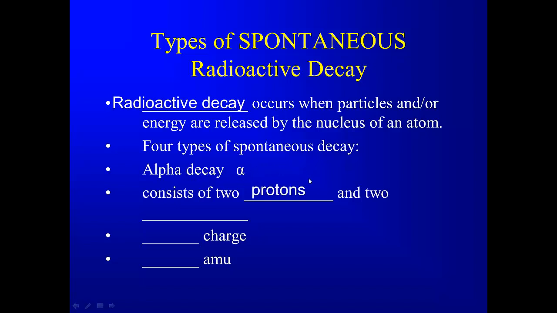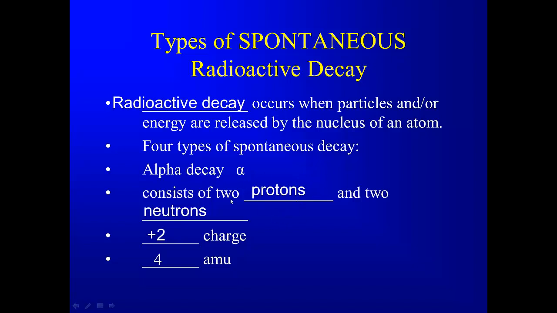An alpha consists of 2 protons and 2 neutrons. If I have 2 protons, these are both positive, so it's a positive 2 charge. And what's its mass? This is 2, this is 2. Its mass is 4 AMUs. This alpha is the biggest, it's the heaviest, but it does the least damage. This is all around you.